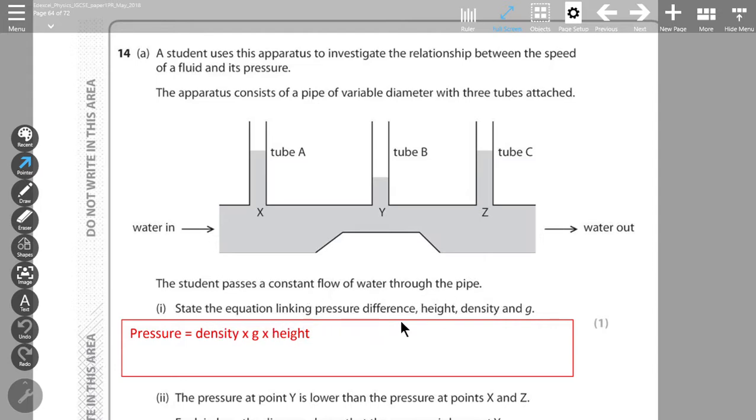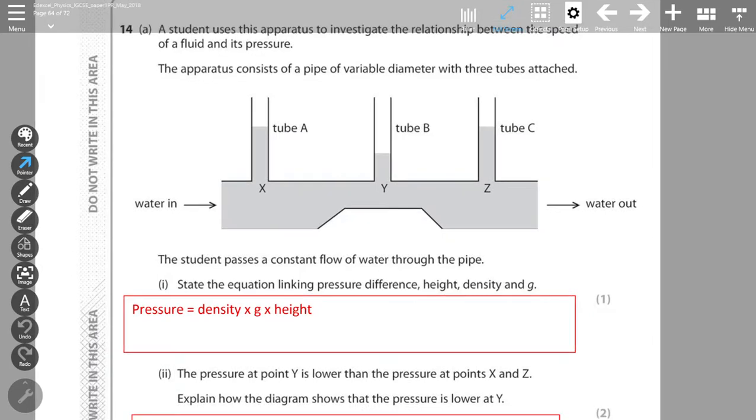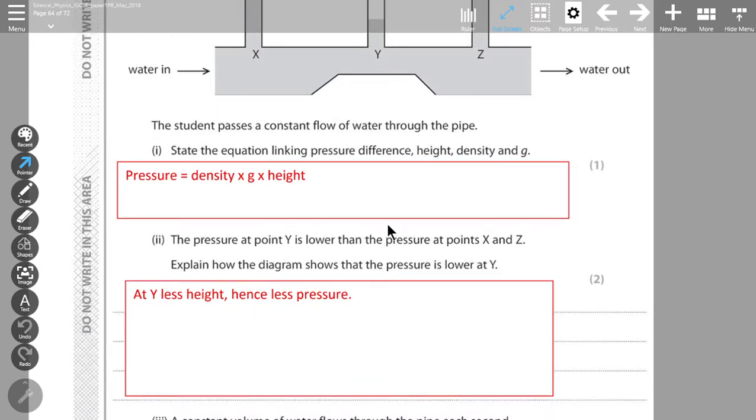State the equation linking pressure difference, height, density, and g. So pressure equals density times g times height. It means that here the pressure is the lowest. The pressure at point Y is lower than the pressure at point X.